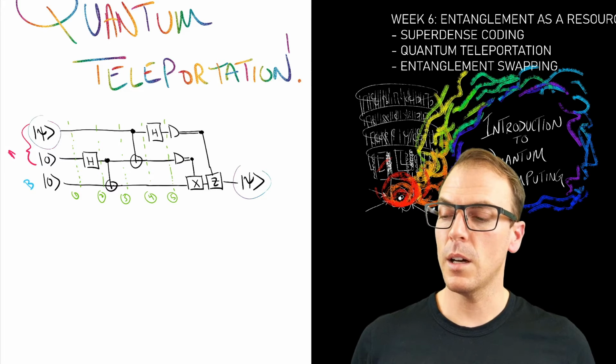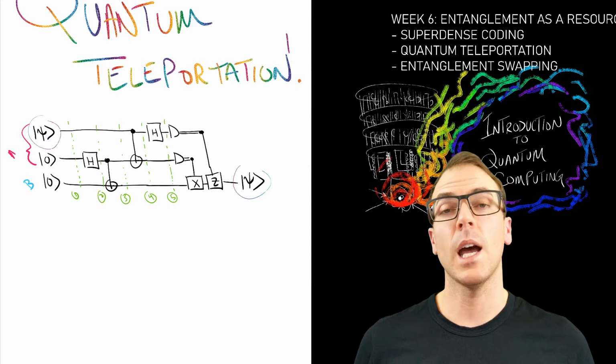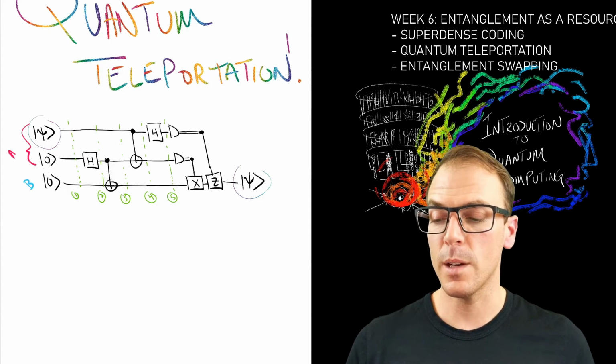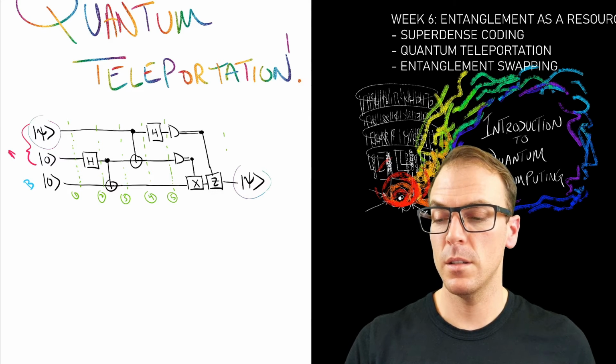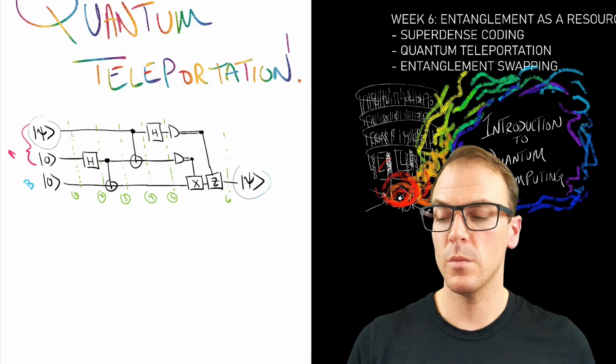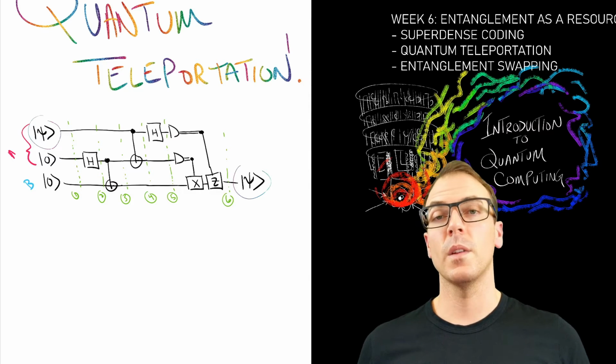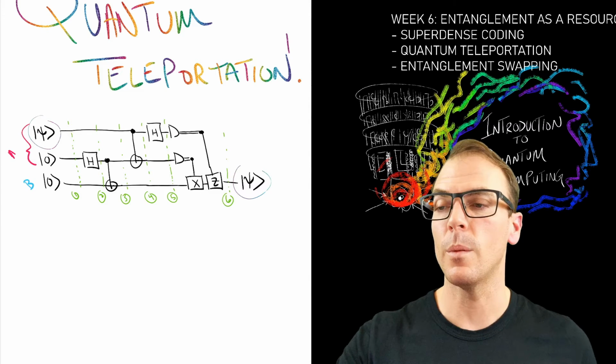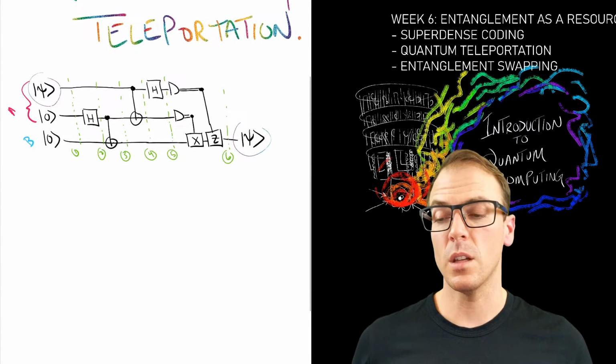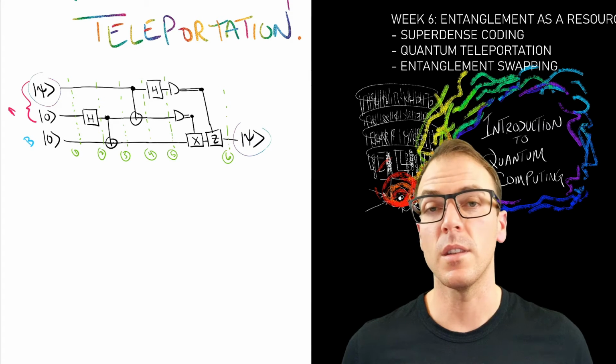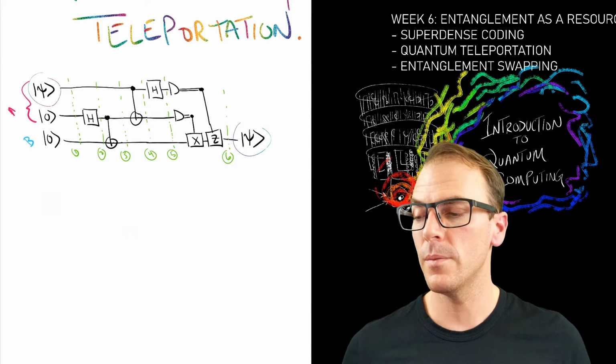Okay, so we have 1 through 5. All of this happens before the measurement. Then a measurement happens, and Alice will send some bits to Bob, and Bob will have to potentially change the state of his qubit or not.